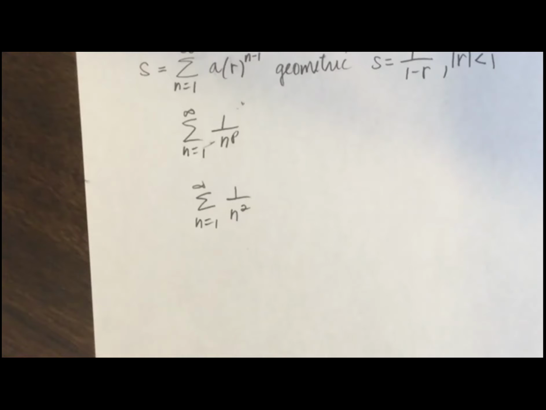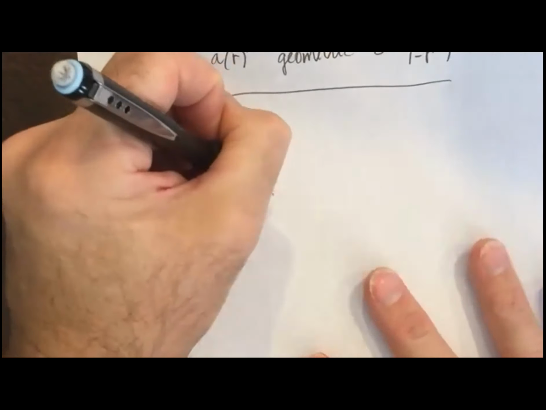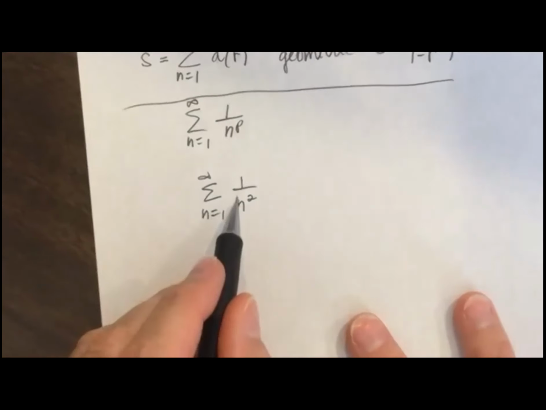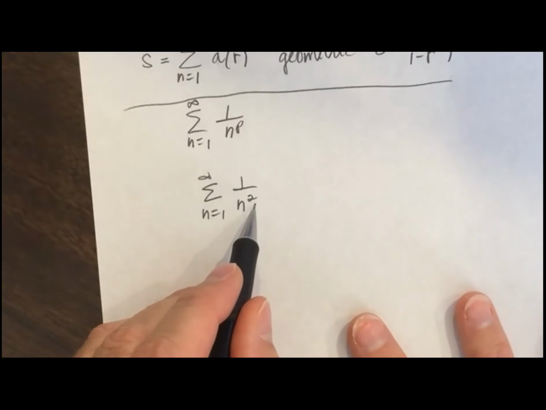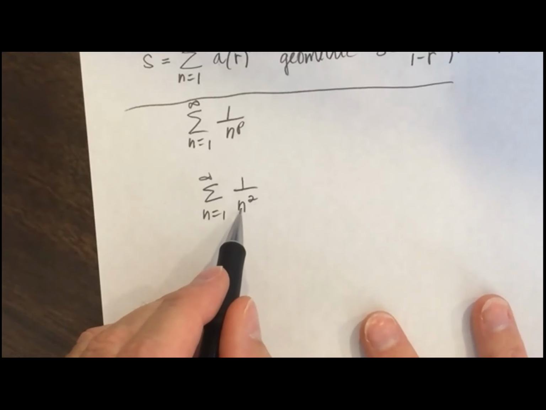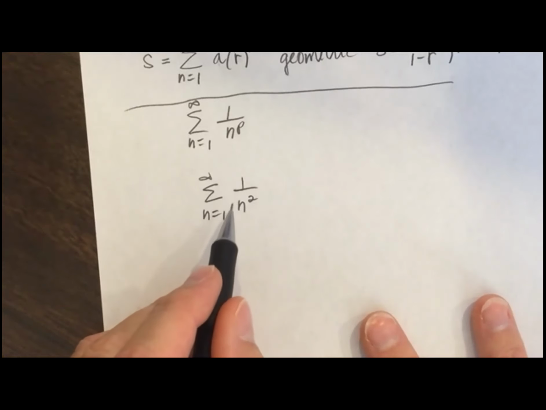Converge or diverge? What do you think? We don't have enough experience yet. Yeah, it should converge because the terms are getting smaller and smaller, so it has a chance to converge. And these are getting small really fast, aren't they?